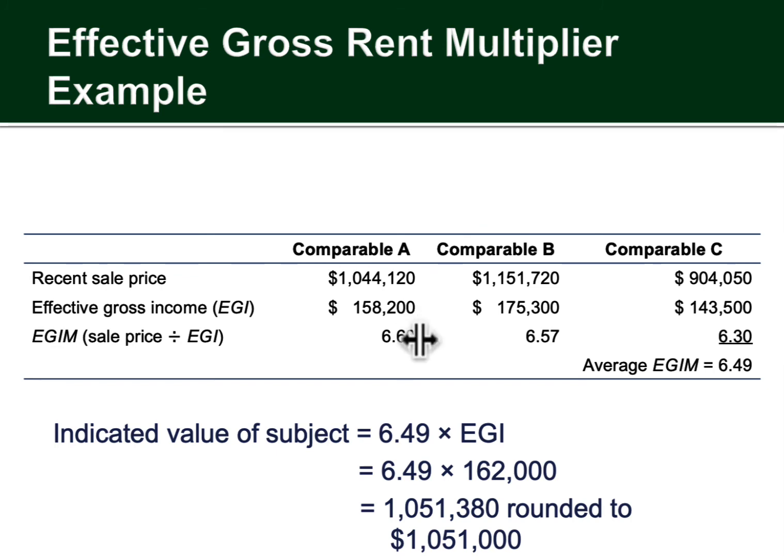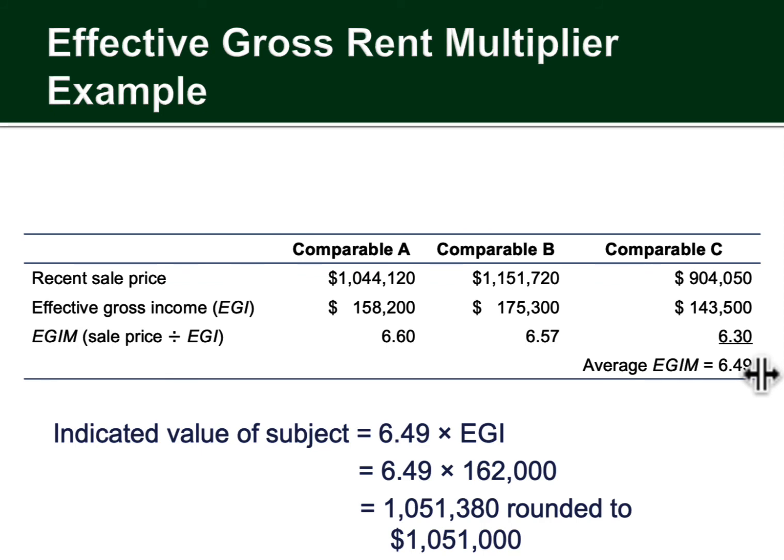This gives us our multiple, which across three properties here averages 6.49. So an investor might apply this multiple to the subject property's effective gross income to get a rough sense of what a fair price would be.